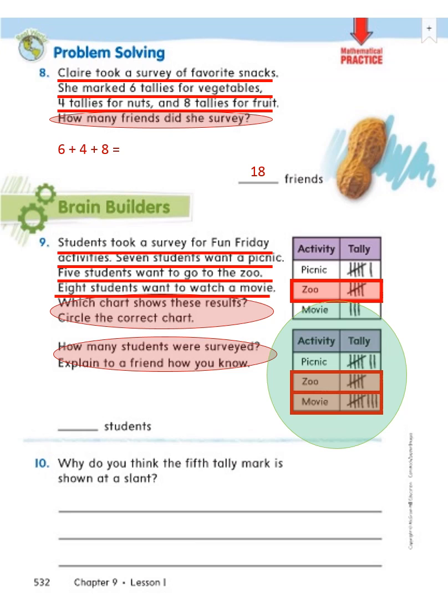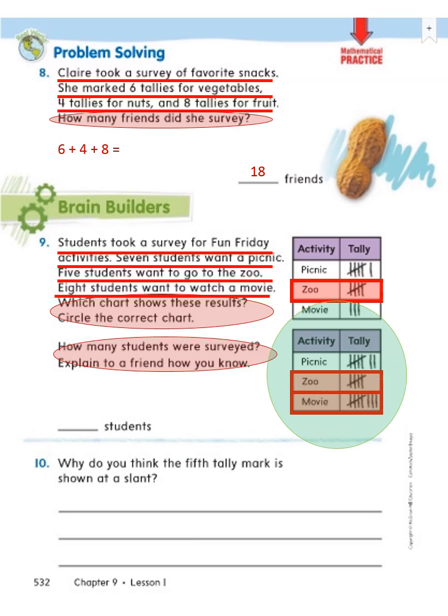Now, how many students were surveyed? How are we going to figure this out? Right, we're just going to add all of the tally marks in that bottom chart where the green circle is. And there are 7 for the picnic, and 5 for the zoo, and 8 for the movie.